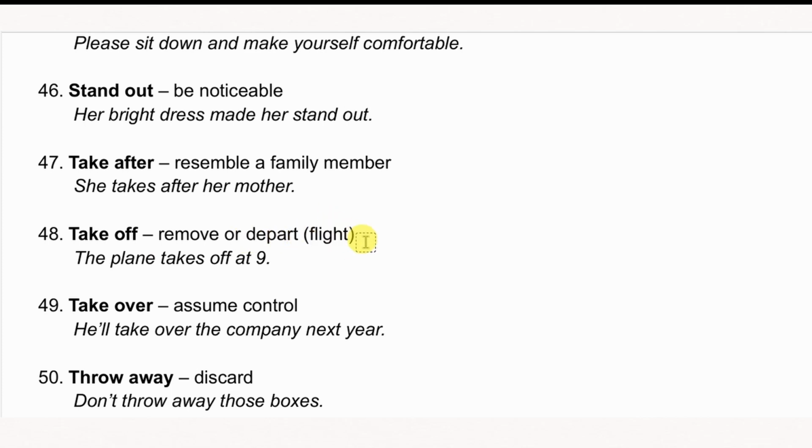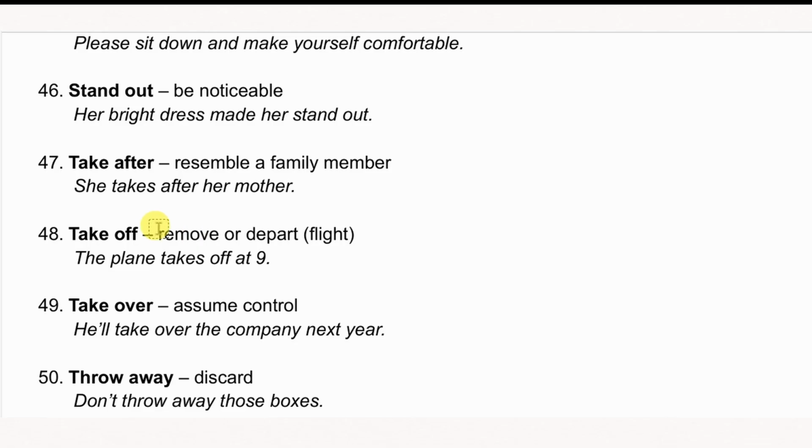In brackets, we have flight here. So the plane takes off at 9. Here we see that take off has two meanings. It can mean to remove or to depart. So when we say the plane takes off at 9, it means the plane departs at 9, or the plane sets off at 9. Okay? The plane takes off at 9. 9 is a time, it means it departs, it leaves at 9.